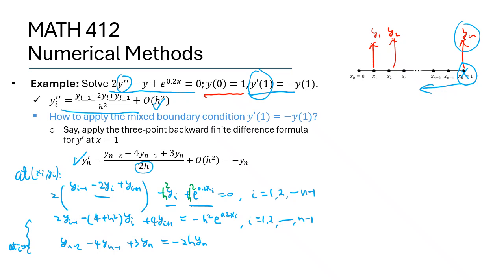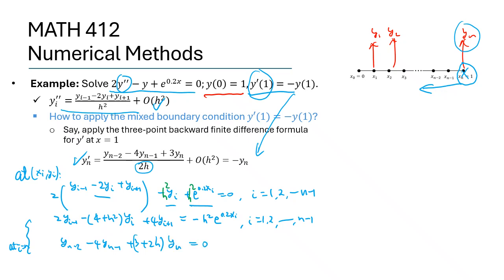Yes, that's how we apply the condition here. And for this we need to rewrite it to combine like terms. So we move this to the other side as 3 plus 2h. 3 plus 2h times y sub n is 0.